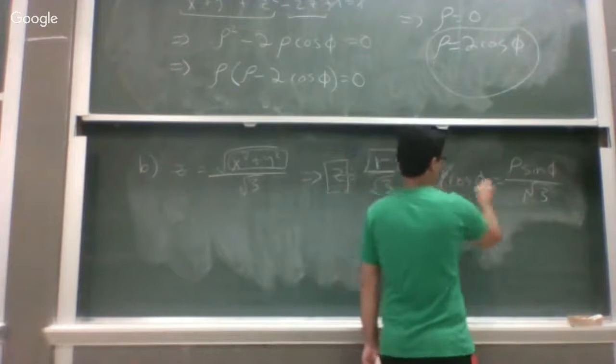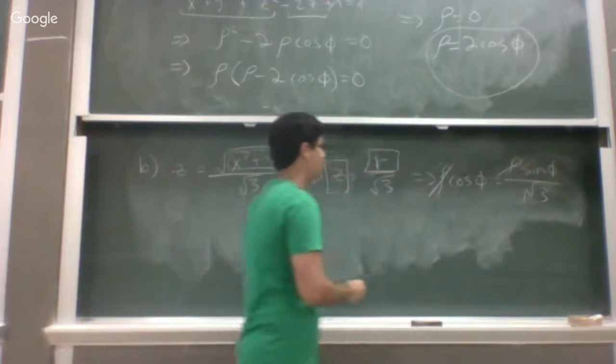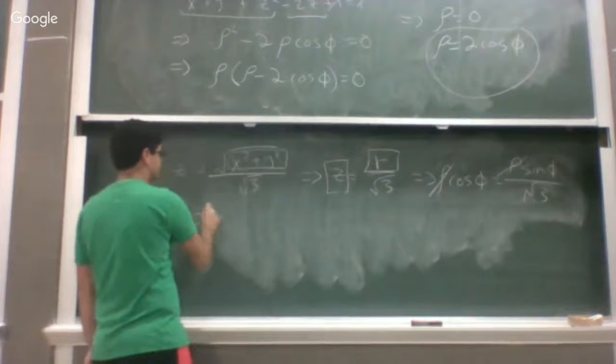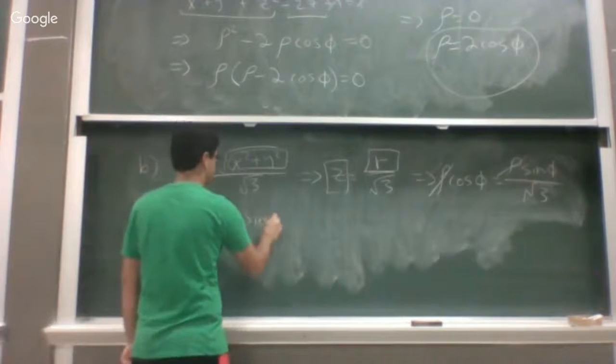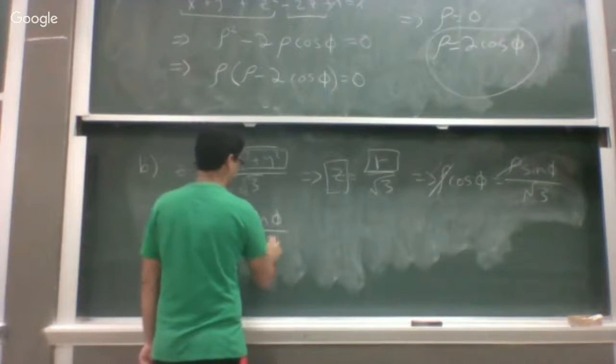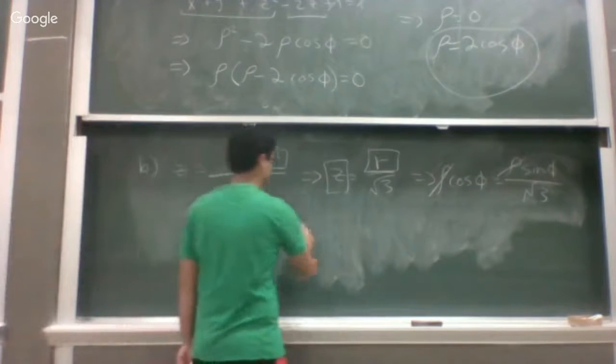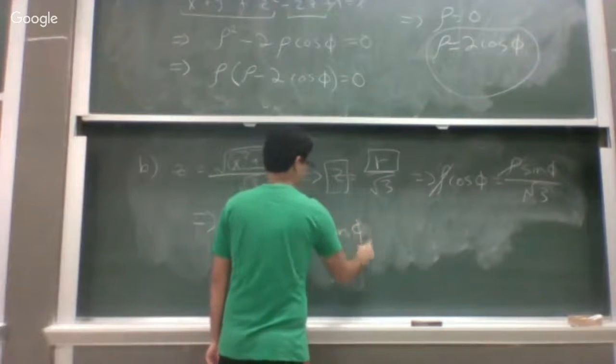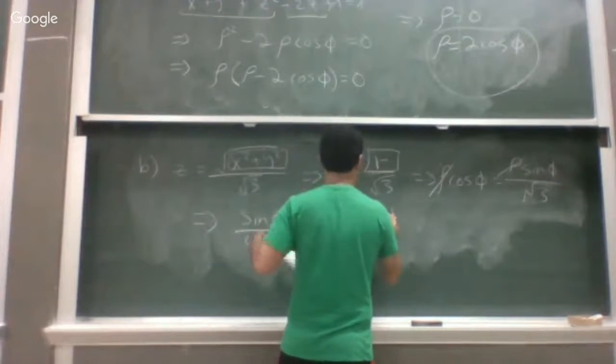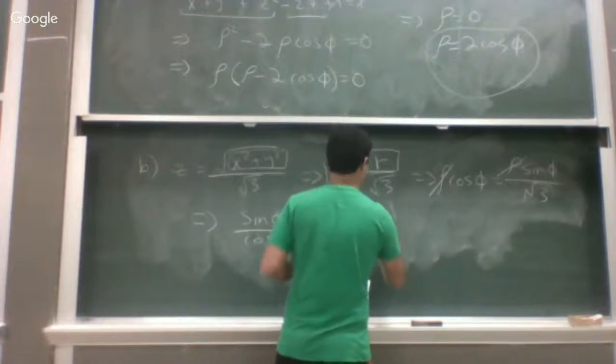So the rhos can cancel out. We can bring cosine to the other side. So we'll have sine of phi divided by cosine of phi, that's equal to tangent of phi equal to the square root of 3, because we brought it to the other side.